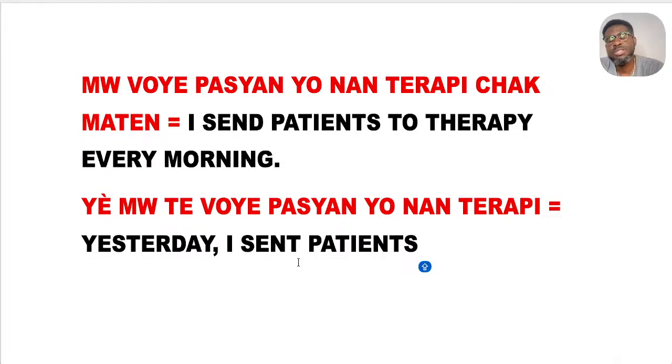But here, since it's plural, il n'est pas nécessaire pour mettre article là. OK? Mais si toutefois quelqu'un met the, ça va, pas de problème. S'il te dit yesterday I sent the patients, pas de problème.